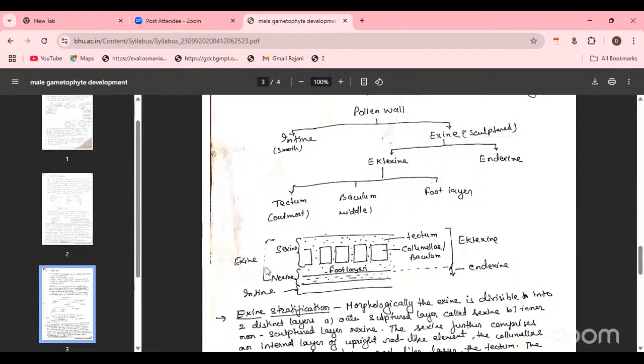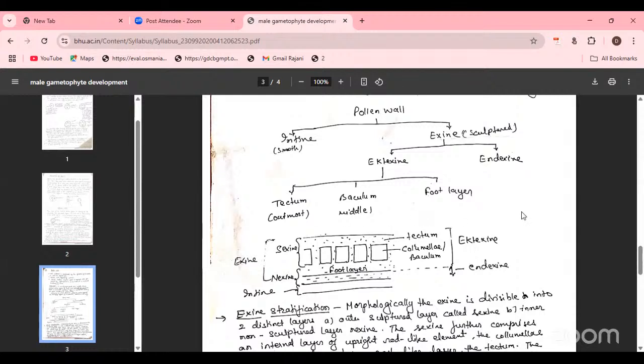Ectexine is called the sexine. This sexine has the tectum, columella or baculum, and foot layer. The tectum is the outermost layer. The second one is the columella, or baculum. The third one is the foot layer.